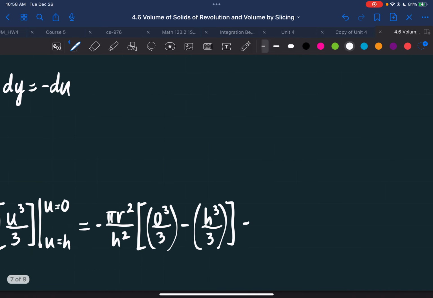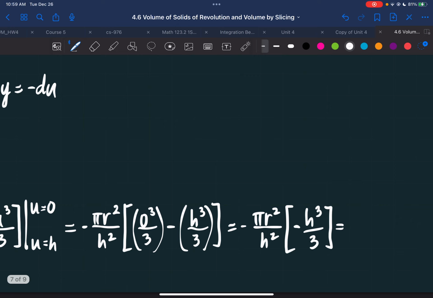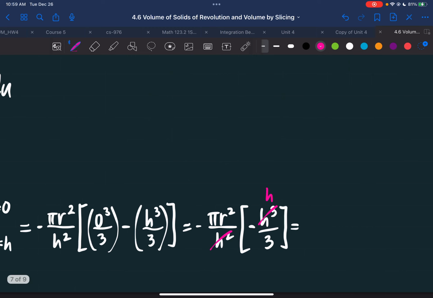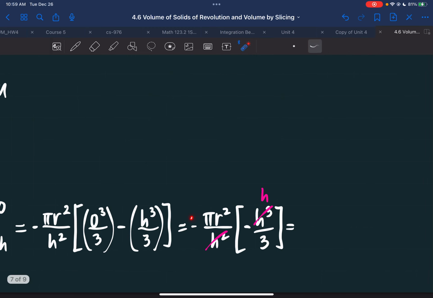We have here negative pi r squared over h squared times negative h cubed over 3. And simplifying this one, you have h cubed divided by h squared. You'll be left with h. Then a negative times a negative would give you a positive. So you have here your 1/3.